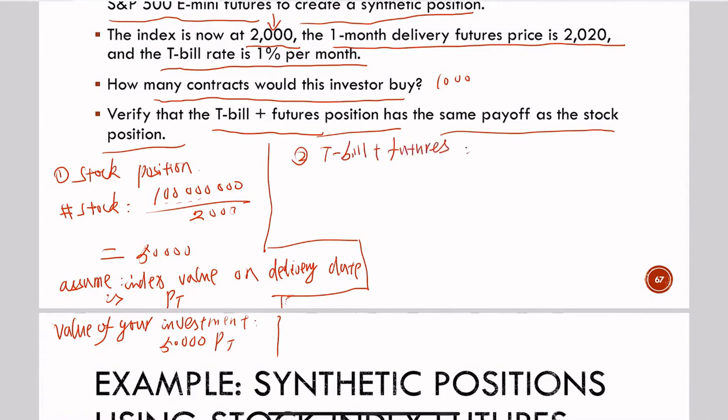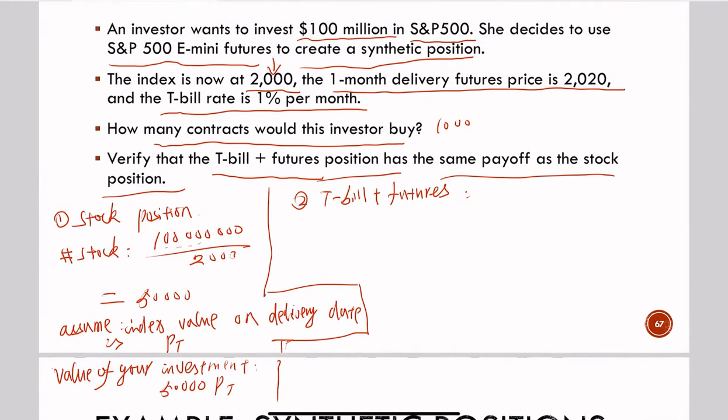Now let's examine your T-bill plus futures position. Obviously, you have two investments here, T-bills and futures. As I said, when you enter into this futures contract, you will have this $100 million in your pocket. So you want to invest this $100 million into this T-bills. And the T-bill rate is 1%, right?